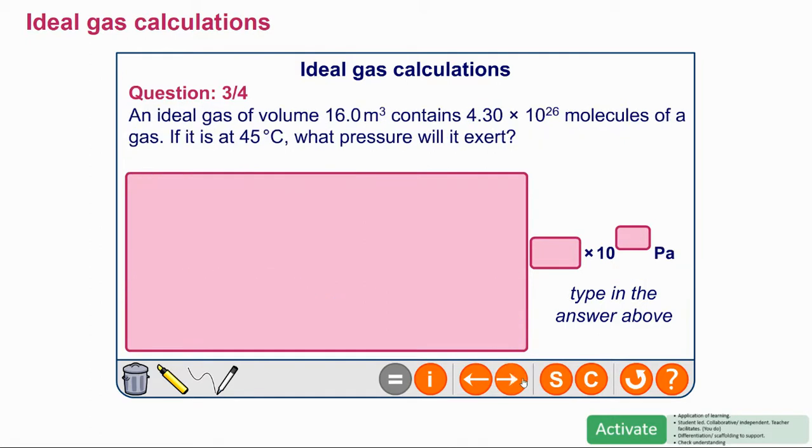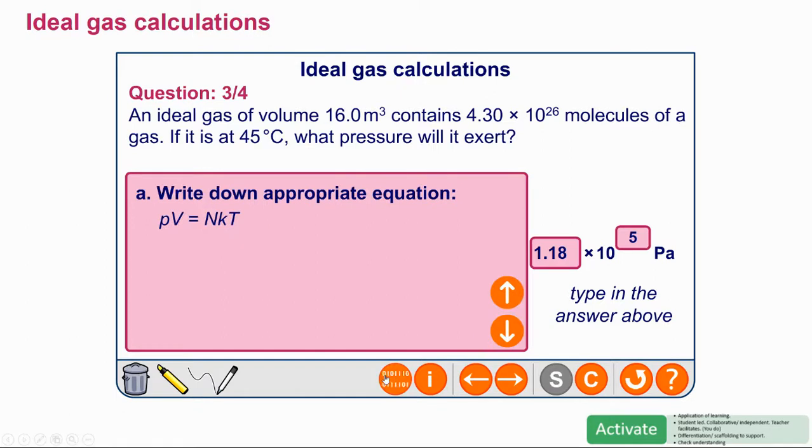Next example. What are we trying to find here? We're asked to find pressure. We're given temperature in degrees C, which is a no-no. We have to convert that. We have an ideal gas. We've got volume, and we're given the number of molecules. So the first thing we need to do is select the right formula.